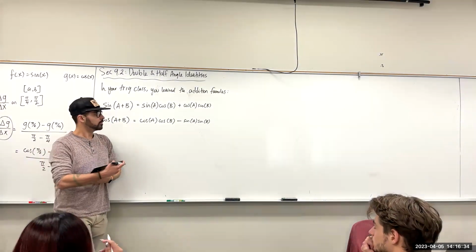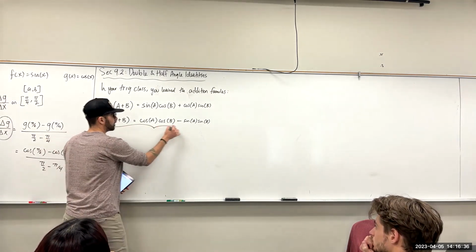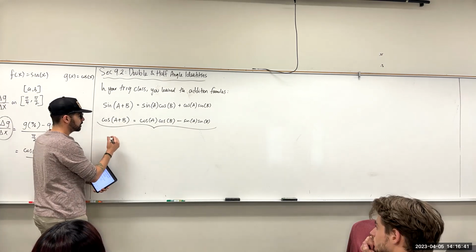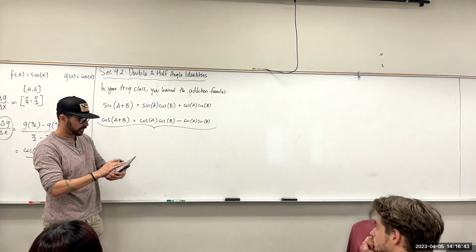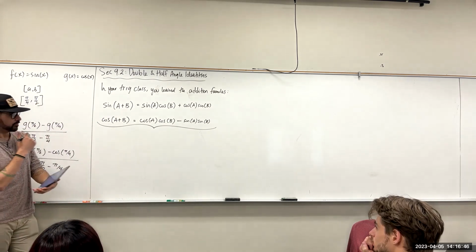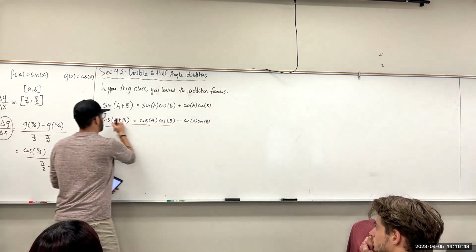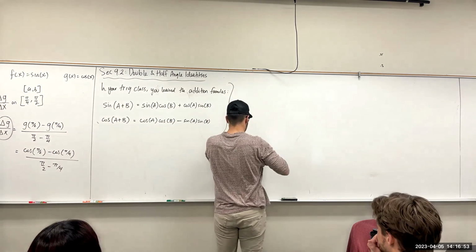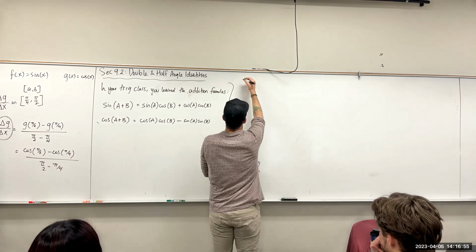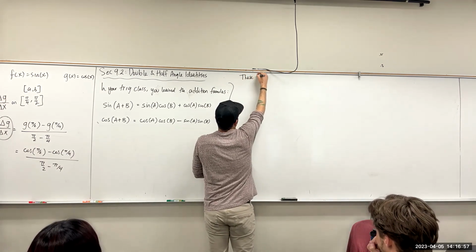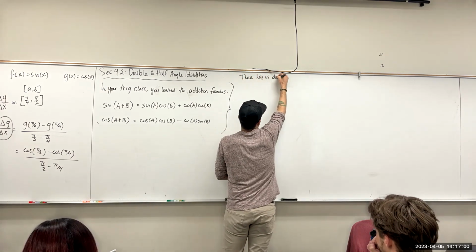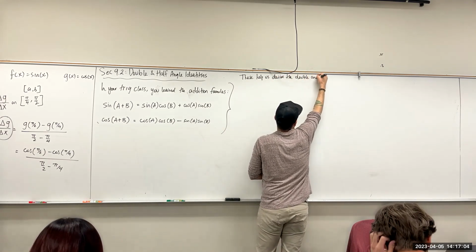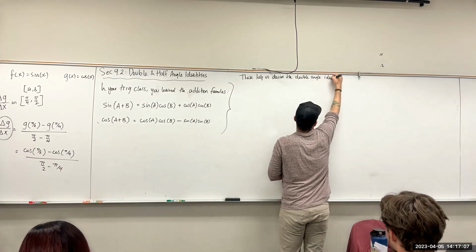So we use these. These help us derive the double angle identities.